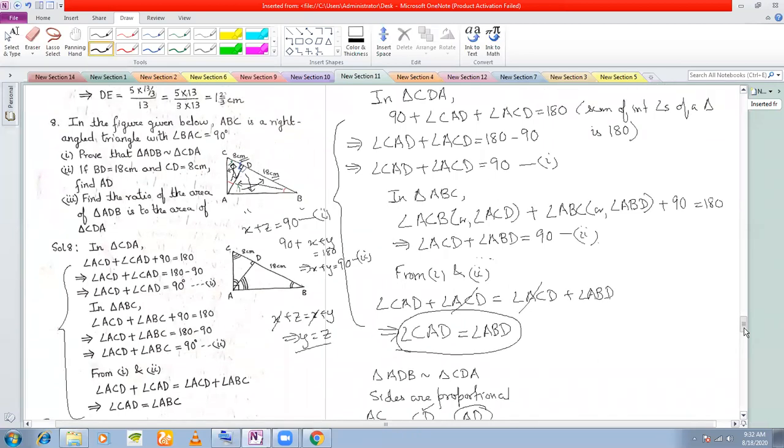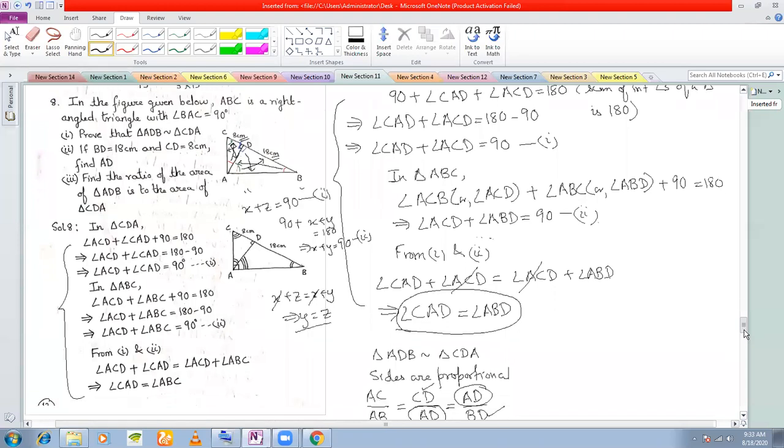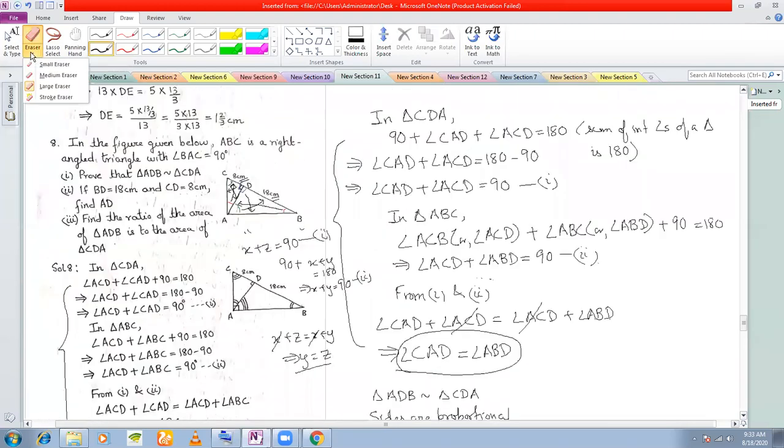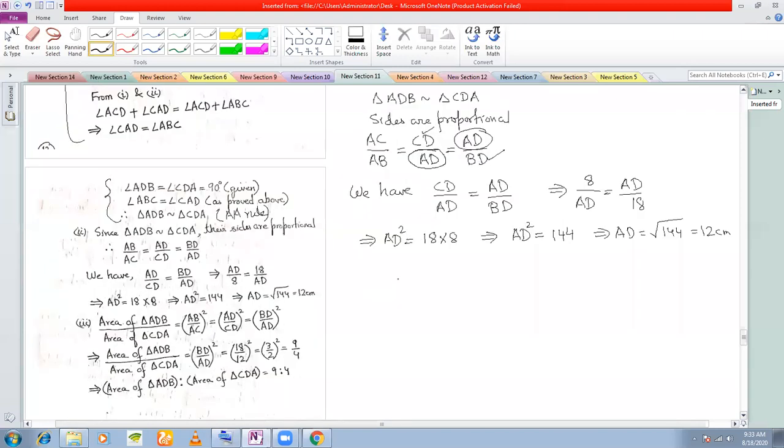Find the ratio of the area of triangle ADB to CDA. So this is another cakewalk. Which two triangles are we talking about? We are talking about the ratio of the area of the similar triangles, ADB, this triangle, is to CDA. So let us write area of triangle. This is for the third part.